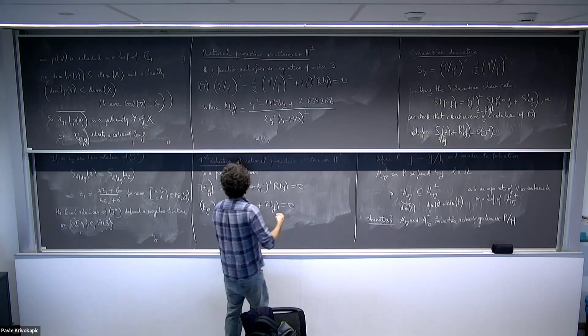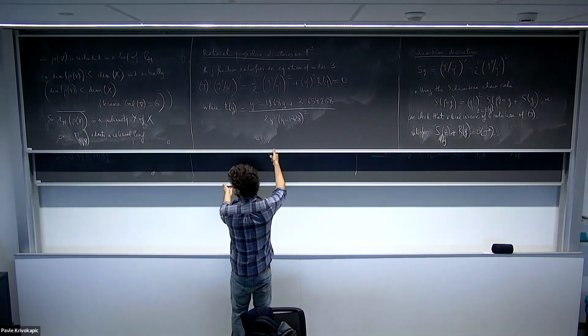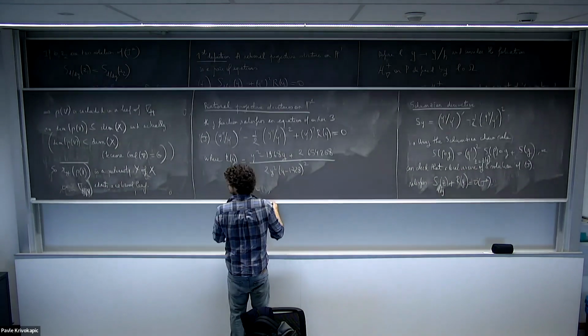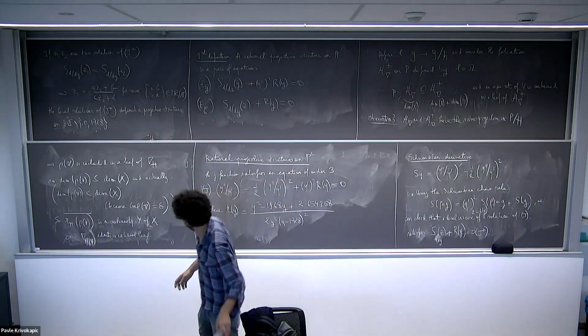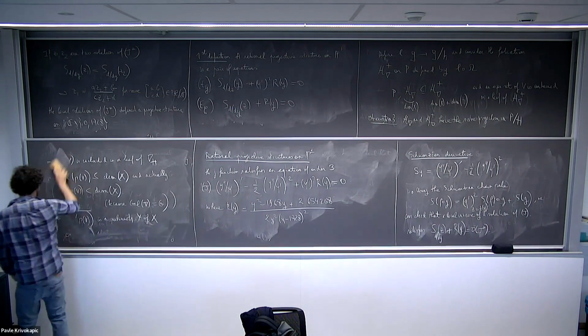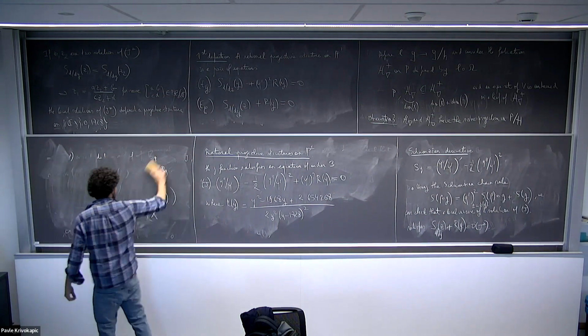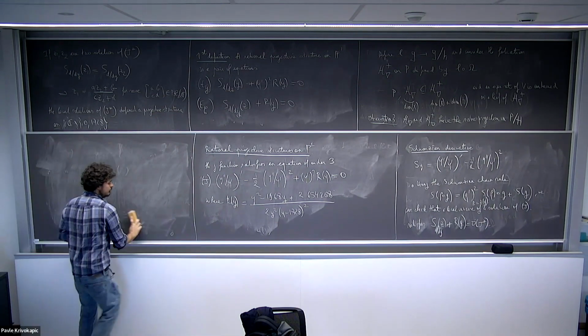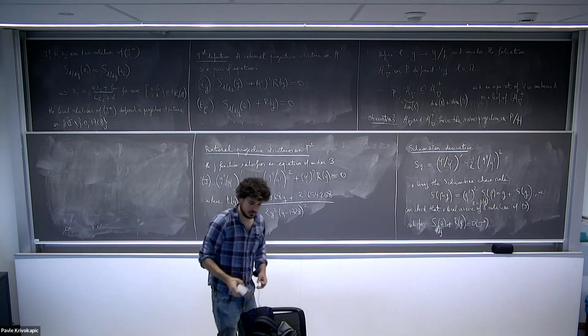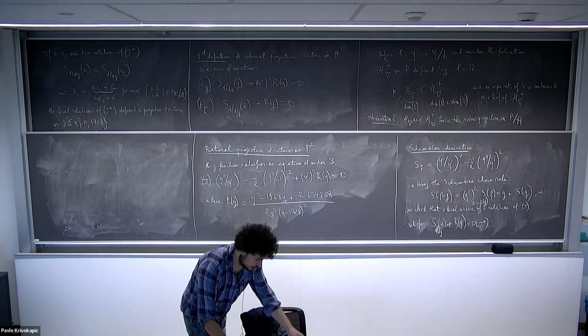So let me make sense of that in a more abstract form, and explain how it relates to what we've been doing in the previous theorem. And so this is the construction one.